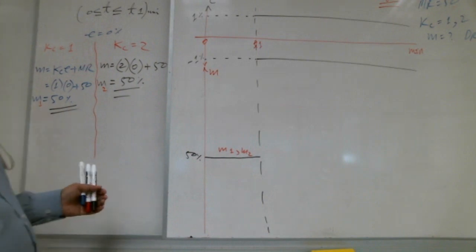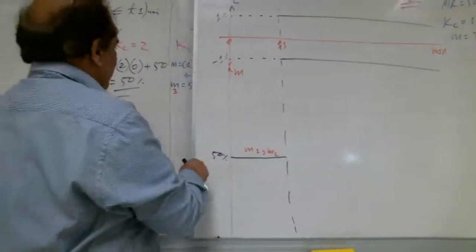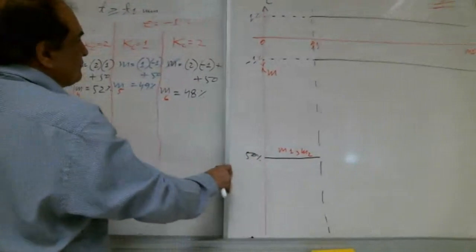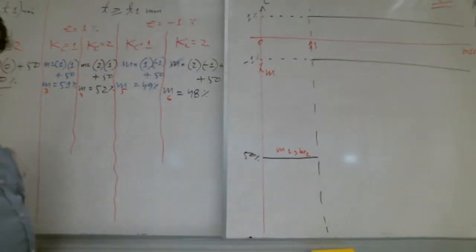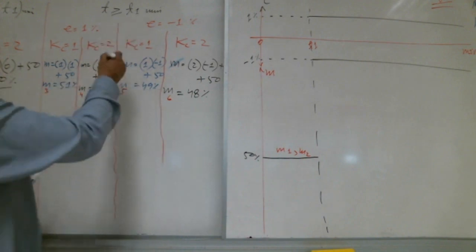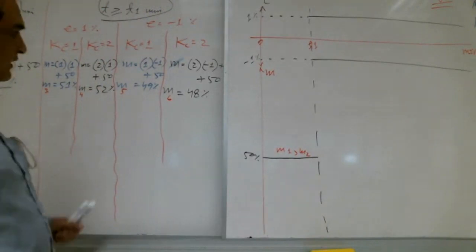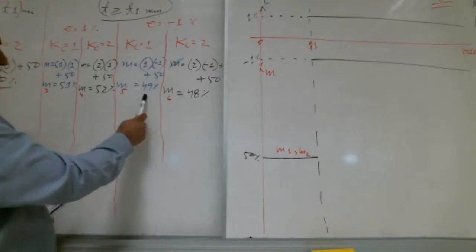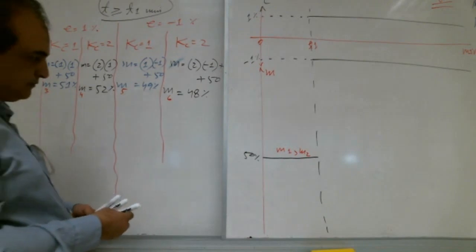That's good. Now from T1 onward, how many outputs do we have, Shabab? 6 or 4 outputs. 1, 2, 3, 4. See here, this is the time, T greater than or equal to T1 minutes. We have 4 outputs: 48, 49, 51, 52.